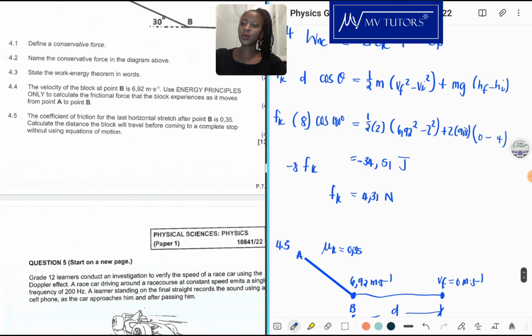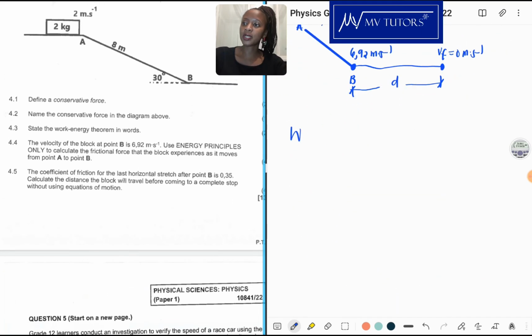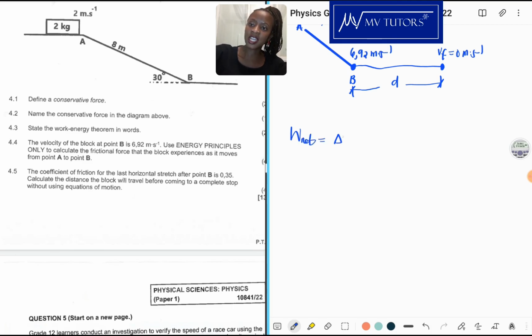So we will use that. Okay, that the work done, or the net work, is equal to the change in kinetic energy. Okay, so change in kinetic energy, we have half m, final velocity squared minus initial velocity squared.